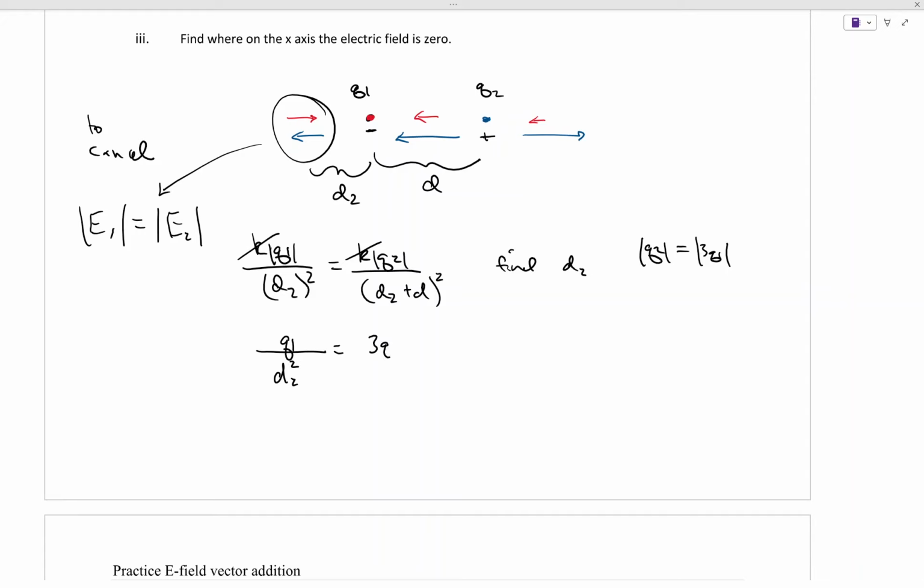So we have 3 Q1 over d2 squared plus 2 d2 d plus d squared. So we can get rid of the factor of Q. Then let's multiply across so we can get everything upstairs. So we would have d2 squared plus 2 d2 d plus d squared equals d2 squared.